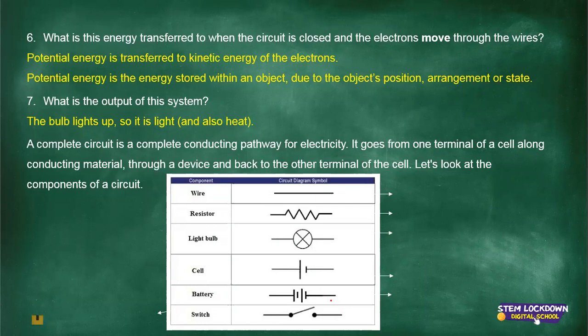Ma'am, I would like to go back to number 7. Someone answered that it's light energy, right? That's my reason: it travels from the battery to the wires and goes through to the light bulb. That's when it gives heat energy and light energy. Sorry for interrupting you, ma'am.